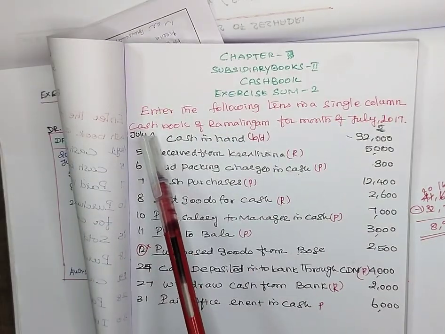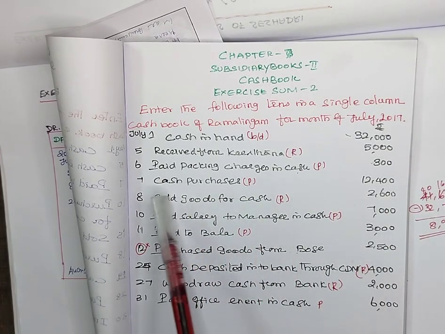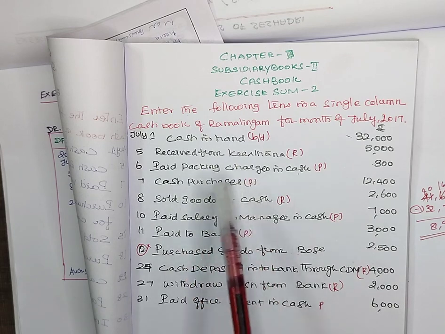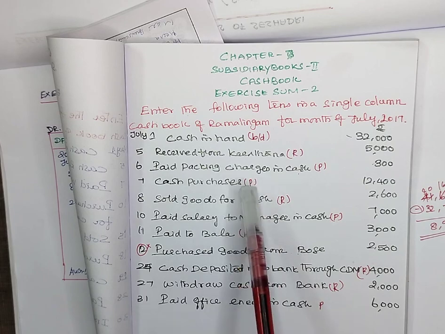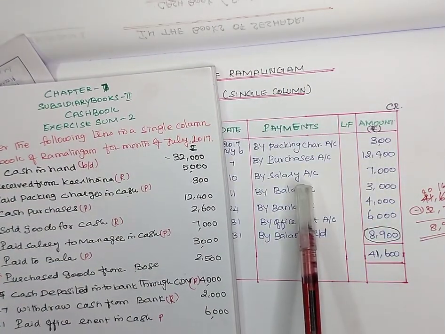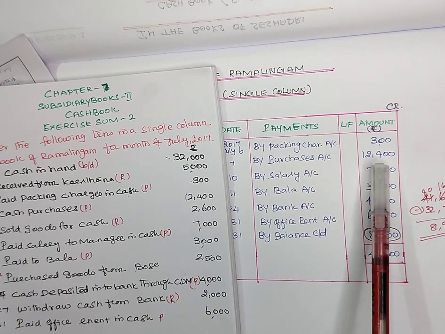Then July 7, cash purchases 12,400. Cash purchases is an expense, a payment, because you purchased through cash payment. So you go to the credit side and enter purchases account: July 7, by purchases account 12,400.